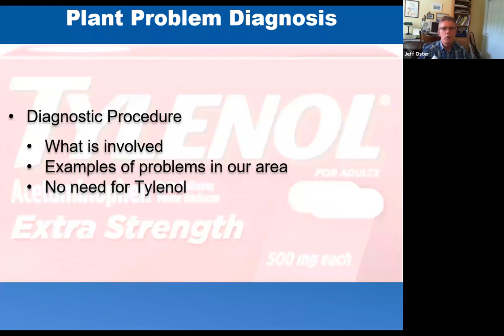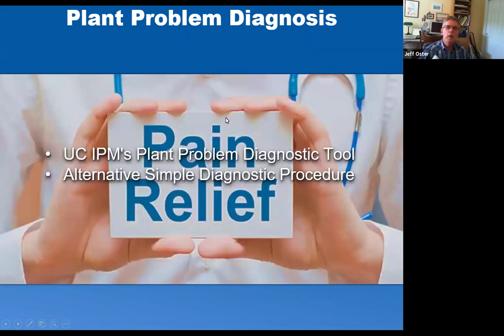And if you do, you can just type the problem in a search engine and come up with solutions to your problems without me saying a great deal about them because we don't have that much time. So there's really no need for Tylenol because by the end of the presentation, all headaches will disappear. And what is helping them disappear is UC IPM's Plant Problem Diagnostic Tool.